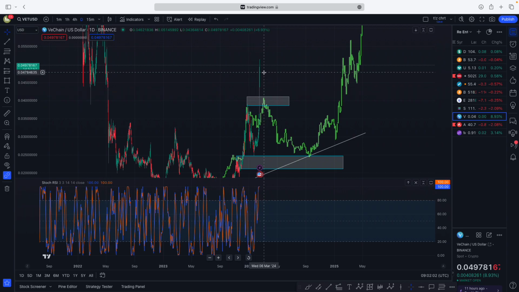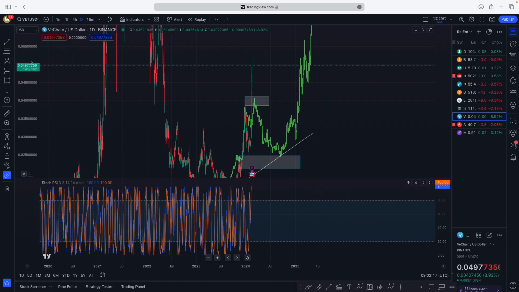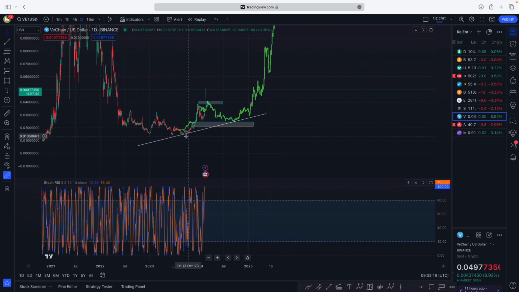This time it's more extreme. We have the UFC being their sponsor and all of that shit going on. But basically, guys, VeChain created a higher high back then as well. Then came down. So I'm expecting VeChain to also come down, correct here in some kind of manner, and then start the bull run. Also pull back to its main trend.